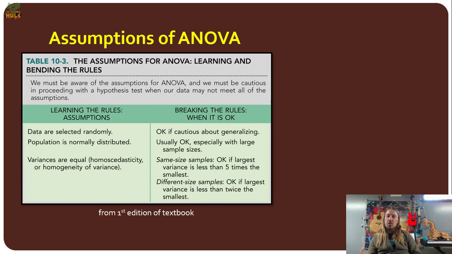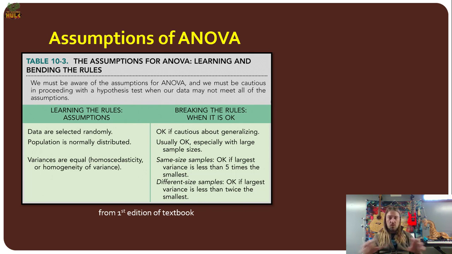And as long as the largest variance is less than 2 times the smallest variance, then you have met this assumption. So you find your smallest variance, you multiply it times 2, and as long as the largest variance is less than that, then you've met the assumption.